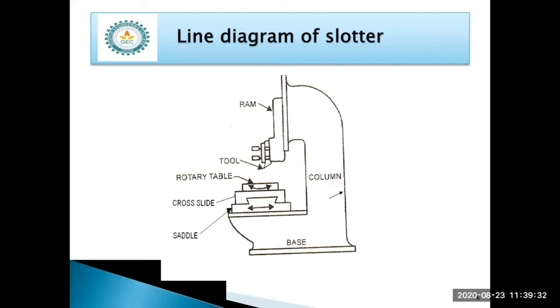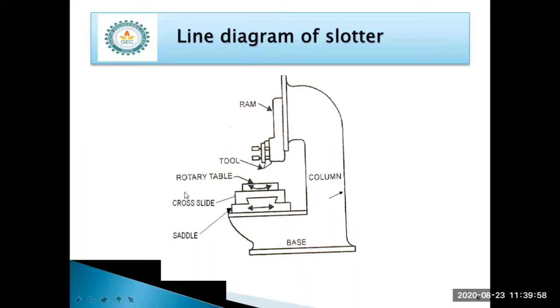And the column. The column is vertically structured, integral with the base. It houses the driving mechanism of the ram and the feeding mechanism. The front face of the column is finished accurately to form guideways on which the ram reciprocates.